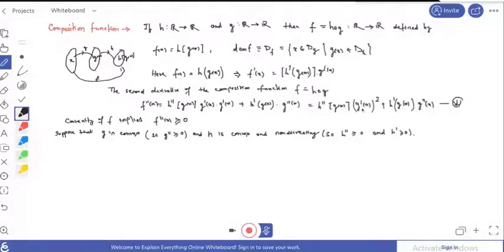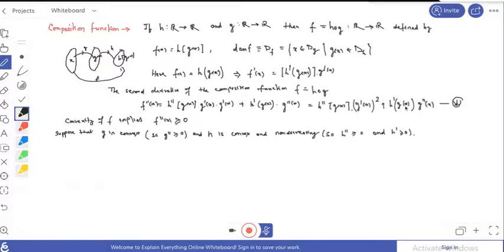So the multiplication of those two is always greater than or equal to 0. Plus here, this h prime, we select h prime greater than 0 because we take the non-decreasing function. So this is positive, and g double prime x is also positive. In that sense, this whole term is positive.